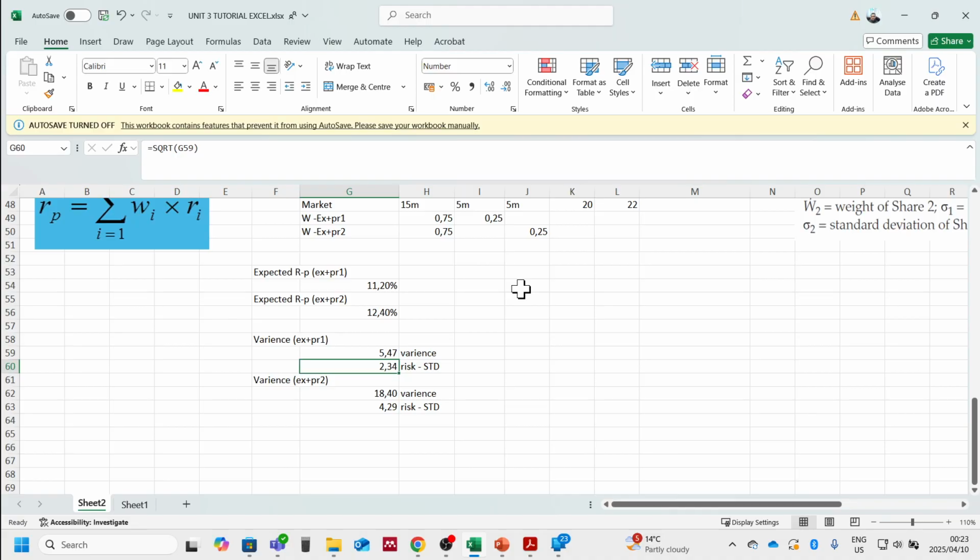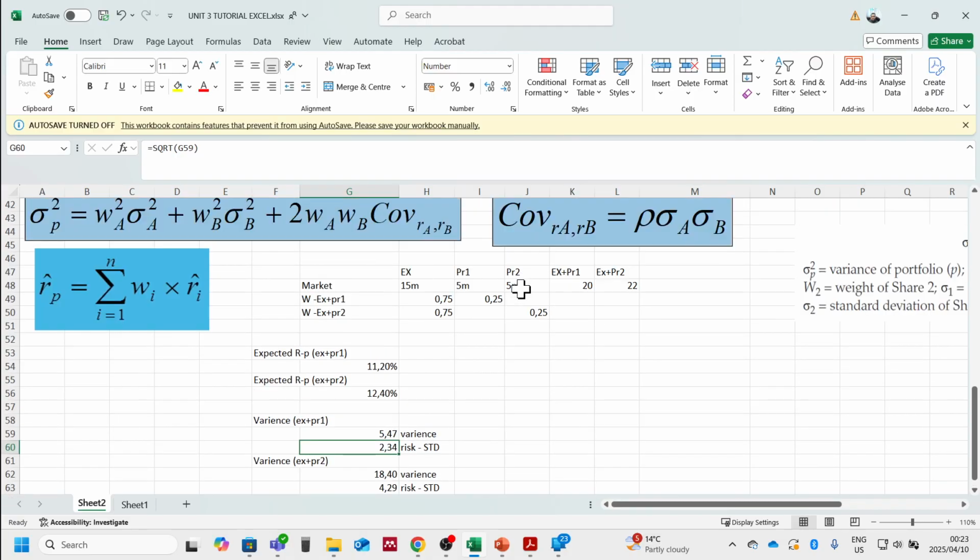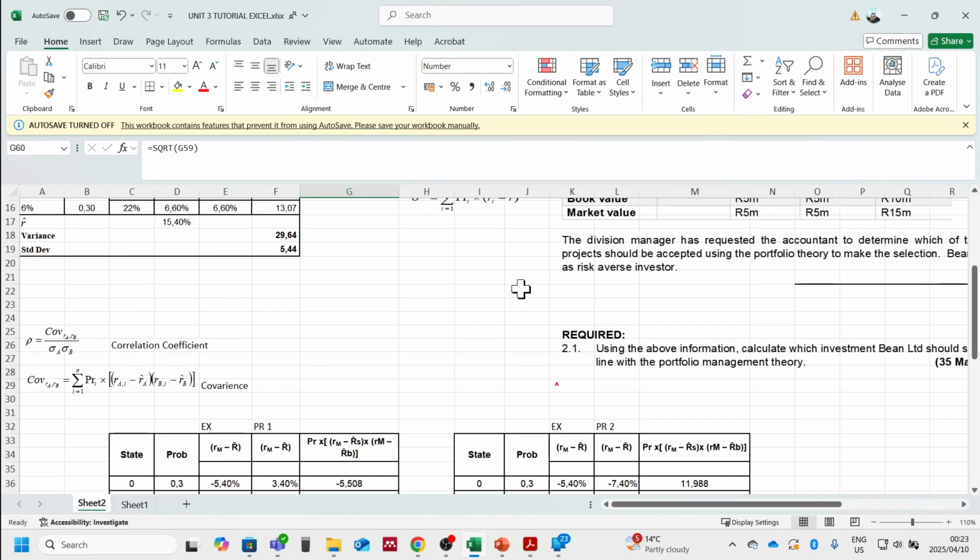Whereas project number two increases the risk profile of the whole portfolio, also increasing the likelihood of variation in terms of what we expect. And therefore, this is not something that the company will take, as they are risk averse investors. So that is what you should be expected to explain on this particular project.